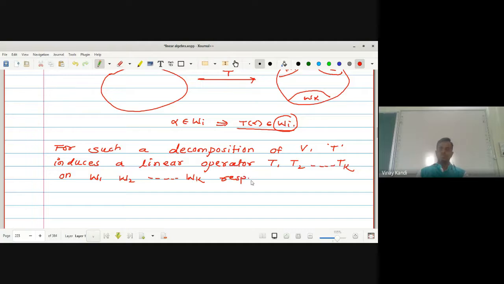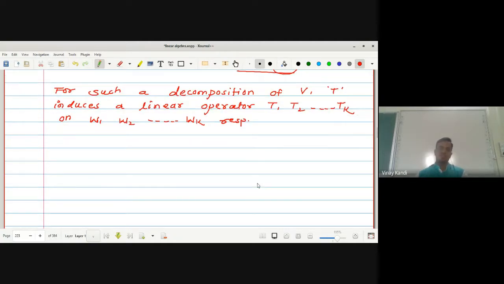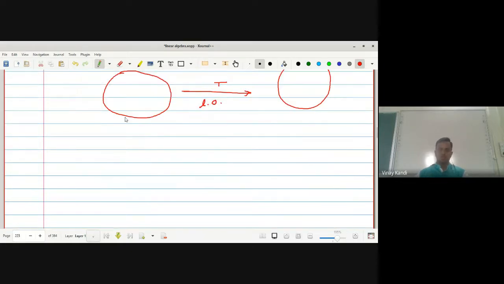We know what the restriction of T over W is. Suppose V is the vector space and T is the linear operator on V, and suppose this one is W, say Wi. So what is the restriction of T on Wi?